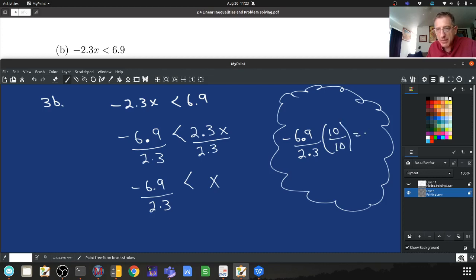And that's going to give me 69 over 23. And it's negative. And that's easier to do because it's clear that 3 times 23 is equal to 69. So the answer is x is greater than minus 3. So that's the final example.